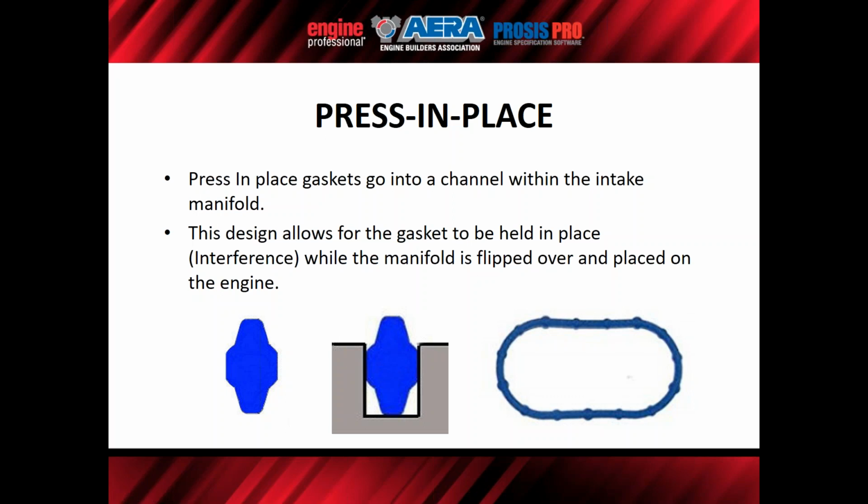When you go to install this particular manifold on the engine, you've got to flip it upside down or right side up, if you follow me, and set it down onto the engine. If you didn't have those interference tabs, that seal would just fall right out. You may not notice that it fell out, and then you bolt everything up, and now you've got a vacuum leak or a coolant leak somewhere, depending on what the seal is for.